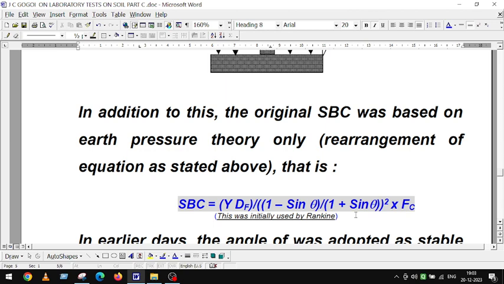Nowadays, it is used only for floating foundation. If we consider this theta is 0, what will remain? Our SBC equals gamma into df. That is, we are providing the equal weight of soil displaced, equal weight of soil excavated out.